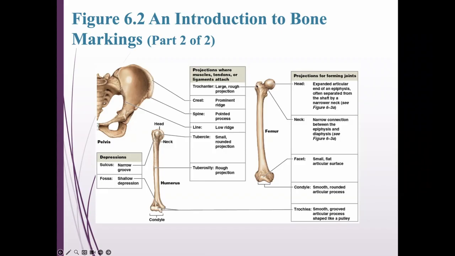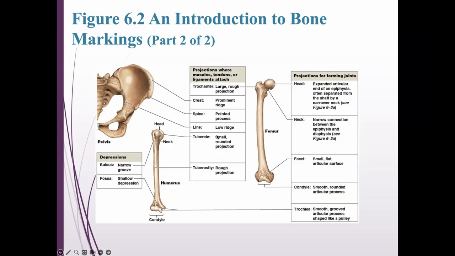So this right here. A crest is going to be a prominent ridge. Okay. A spine, see here, that's basically a pointed process. That's what the spine is going to be, per definition of spine. Don't confuse that with the backbone type of spine. A line, so they call a line, that's basically a low ridge.